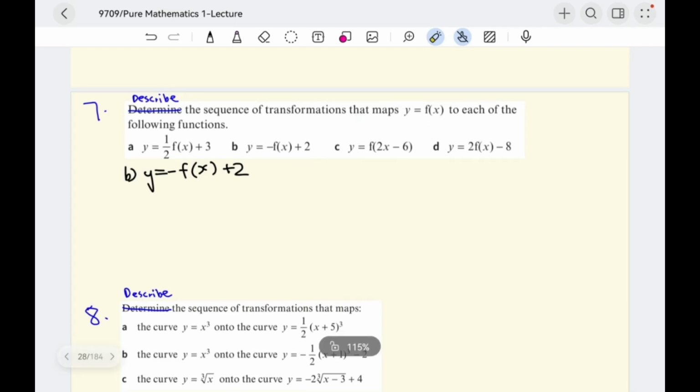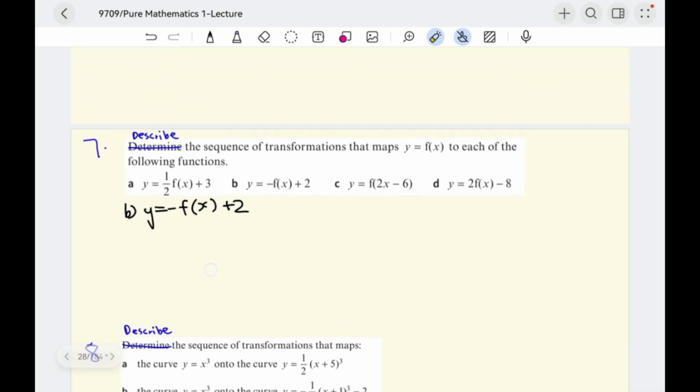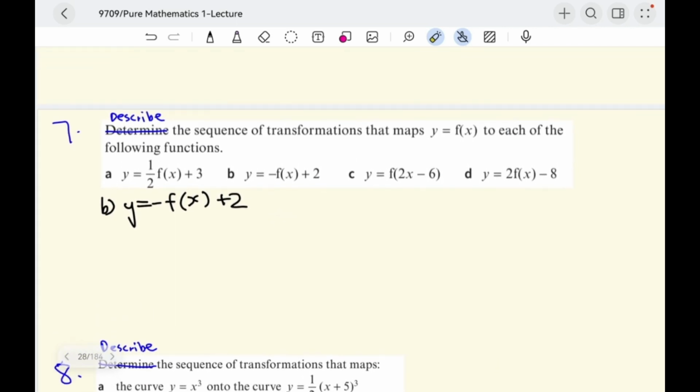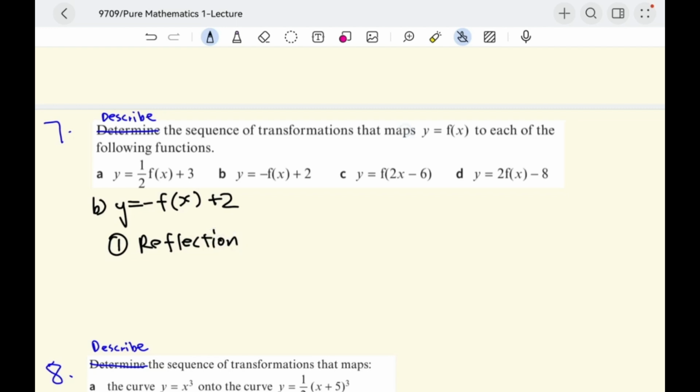And then you can let me verify your answer. So you can see that there's a negative and also the plus 2. For me, I don't want to see this first. Let's focus on this. So you can see that there's a reflection of the entire function f(x) in the x-axis.